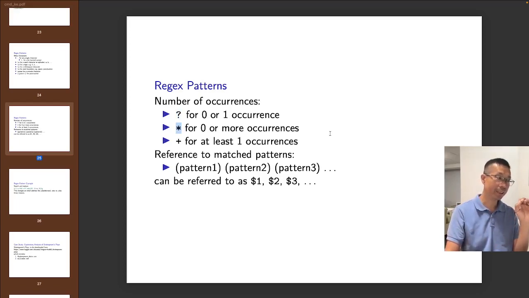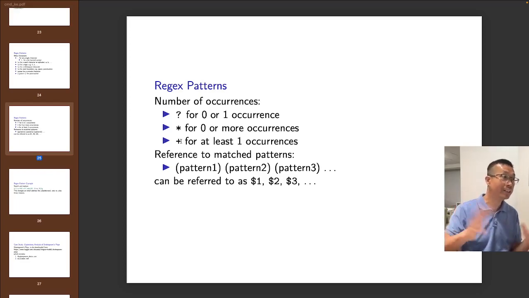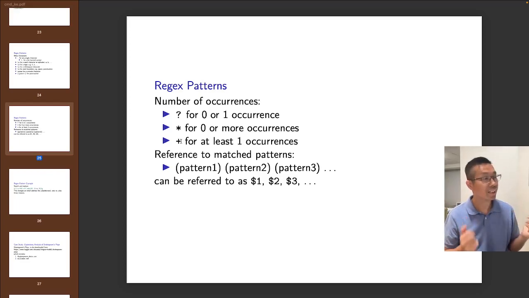So it may not appear, it may appear once or twice or more. Okay, that's when you put an asterisk. And then if you put a plus after it, that will guarantee at least one occurrence of the thing that you are looking for. Okay, there are also more specific parameters in which you can say, I want 5 to 10 occurrences of this repeating. Okay, that's also doable.